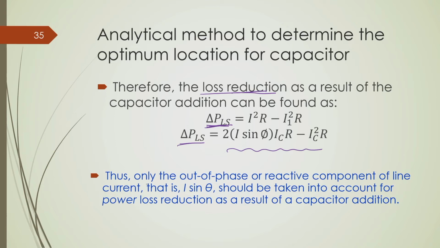So, we can write over here: only the out of phase or reactive component of the line current, that is I in sin phi, should be taken into account for the power loss reduction, because power loss reduction, that is del PLS, is only a function of this I out or quadrature component of the current, and that is why only the quadrature component of the current is considered in the further studies.